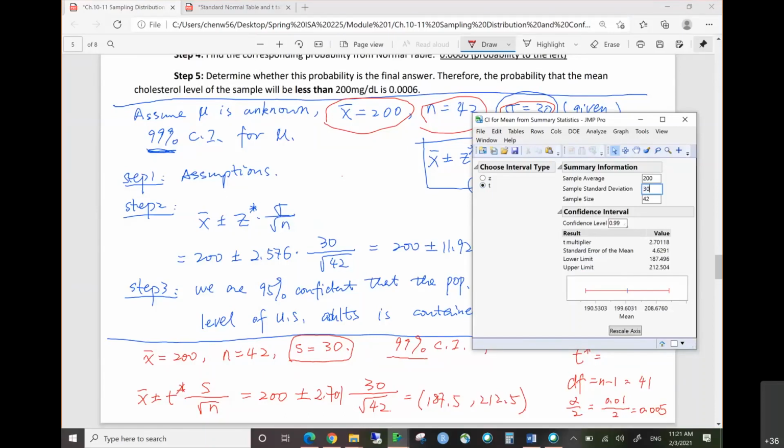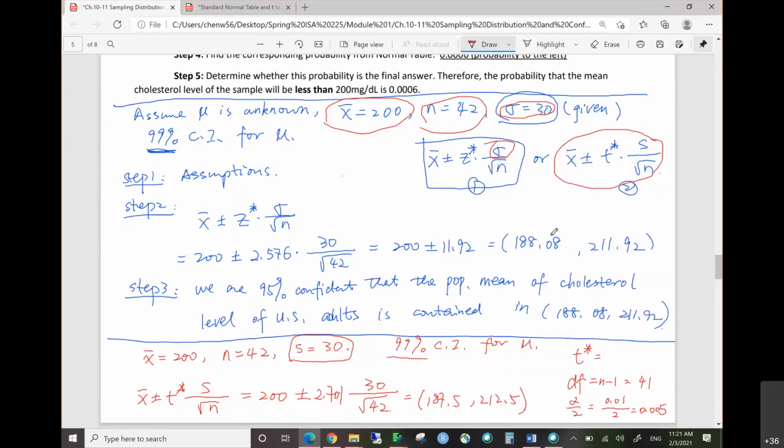For everything else the same, you will have the upper limit and lower limit, which is the same as our result. Got it?